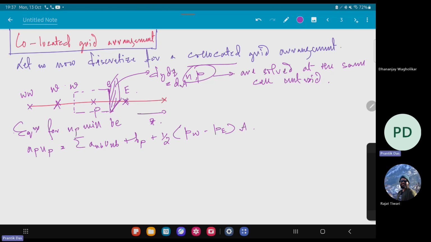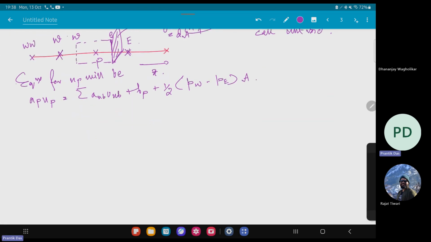Now let us go for the continuity equation, and this we also have to discretize on this control volume itself. Discretization of the continuity equation.